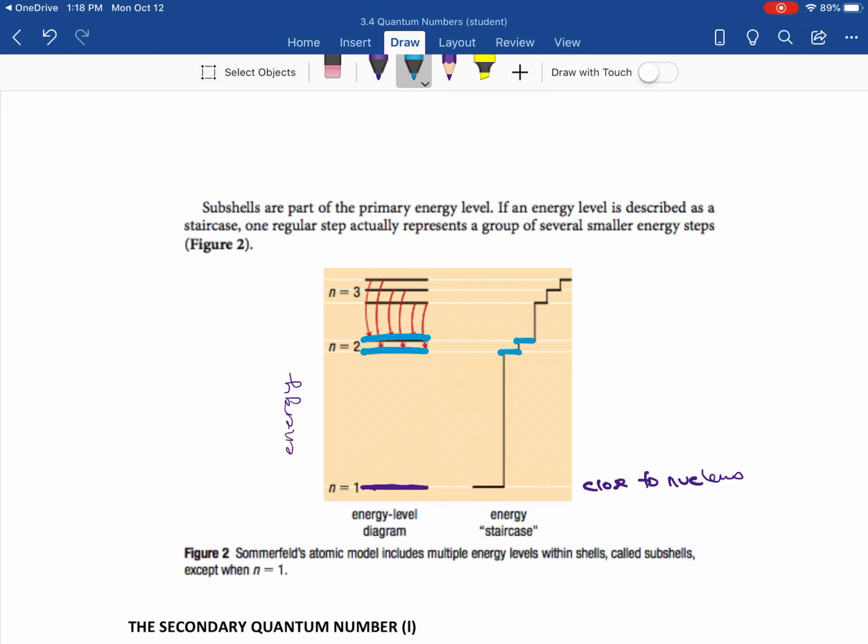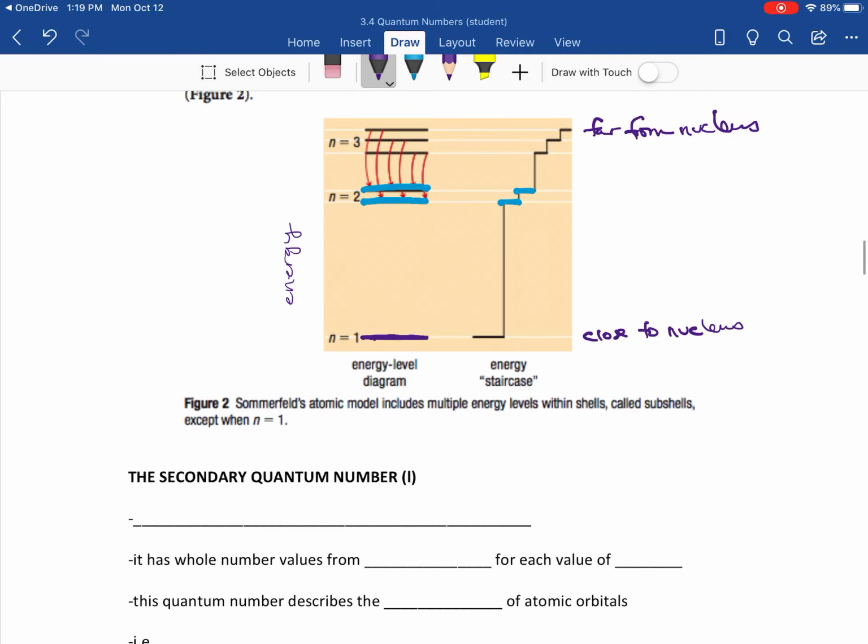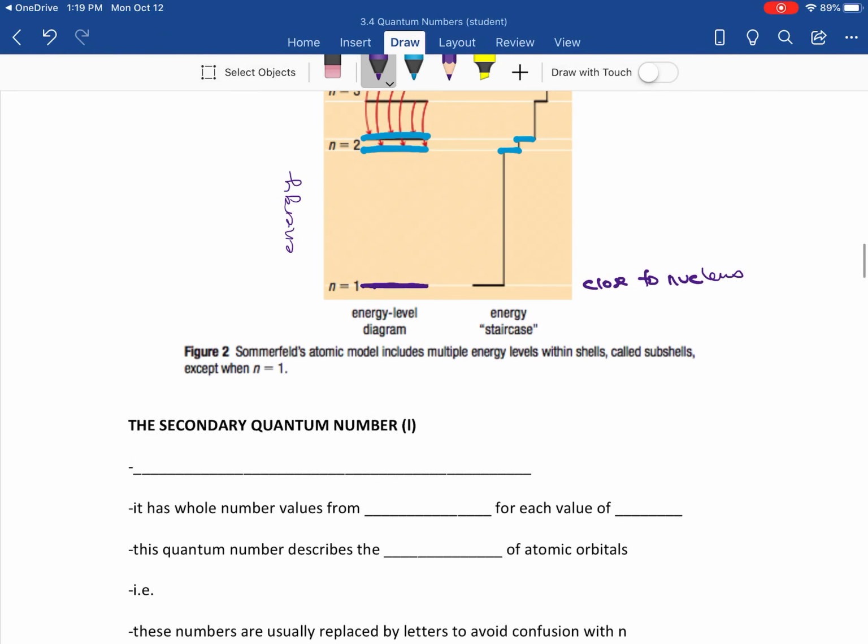So you're kind of distinguishing even within the energy levels. Okay, and you'll see how these different energy levels get further away from the nucleus. So this is close to the nucleus, far from nucleus. Okay, and since they're far from the nucleus, they can move faster, so they have more energy. So let's cut straight to the chase. Let's talk about the secondary quantum number.